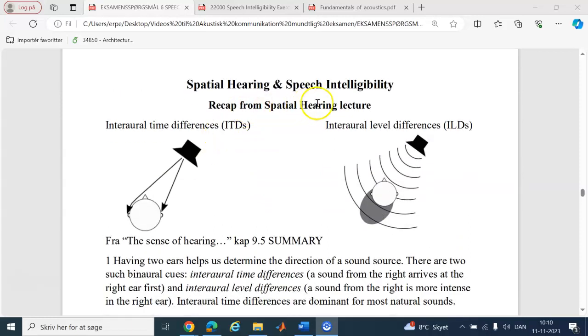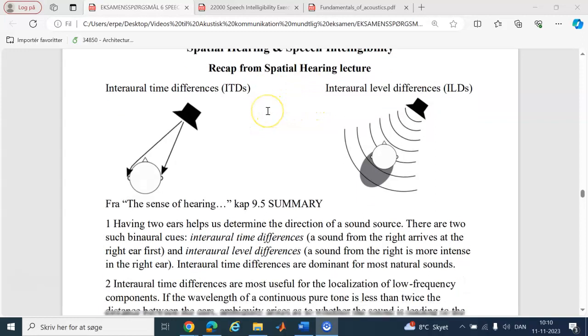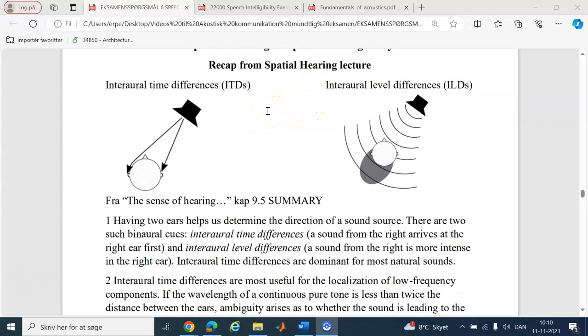Spatial hearing and speech intelligibility. Recap from the spatial hearing lecture. We have interaural time differences, ITD, and interaural level differences, ILD. What does that mean? Summary from the sense of hearing: having two ears helps us determine the direction of the sound.